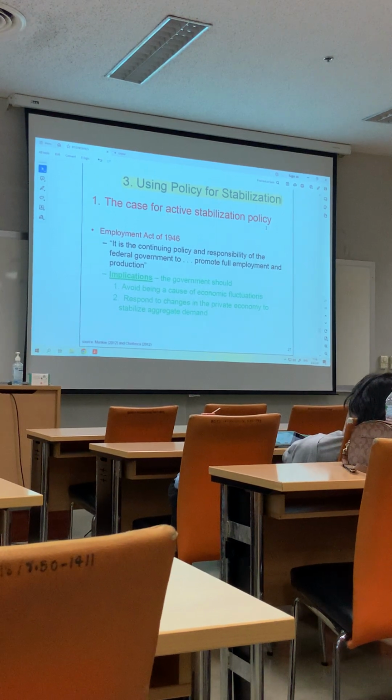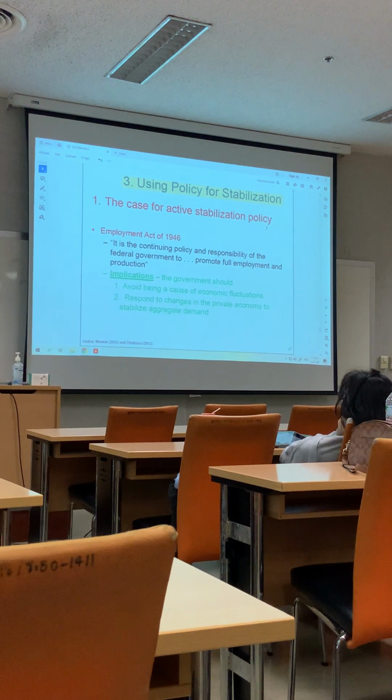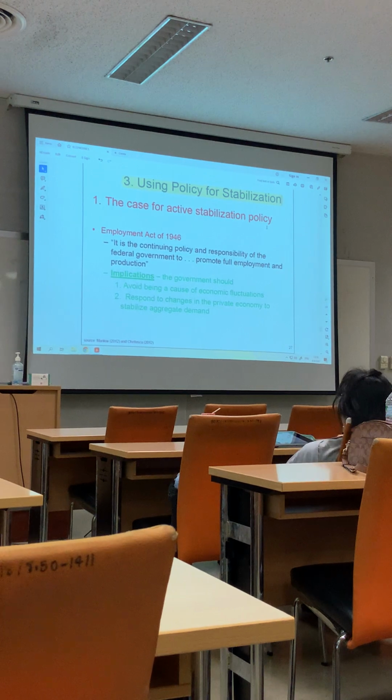And the last section is whether you still use the policy, either monetary policy or fiscal policy, to stabilize the economy or not. So there are some issues about whether the government or central bank should use the policy to stabilize the economy or not. So there are three ideas.